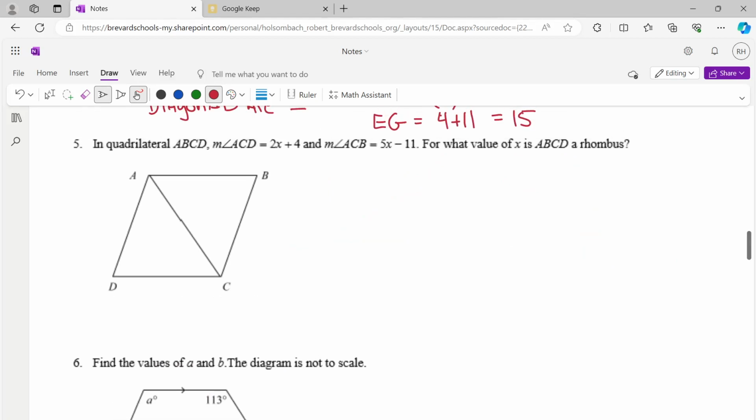All right, in problem number 5, quadrilateral ABCD, the measure of ACD is 2x plus 4. And the measure of ACB is 5x minus 11.